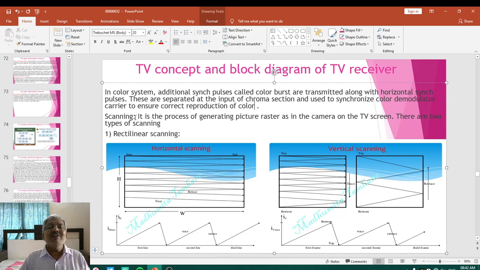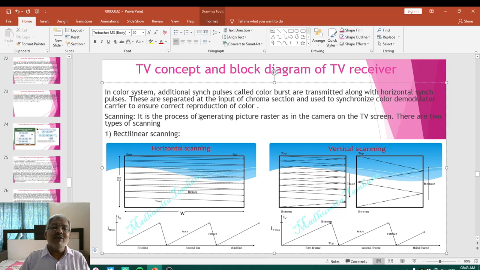In short, scanning is a process used to generate the picture raster on the television screen as it is scanned in the camera for transmitting the signal. Means by the scanning process, one can generate the picture raster on the television screen so as to produce the illusion of the scene or event.